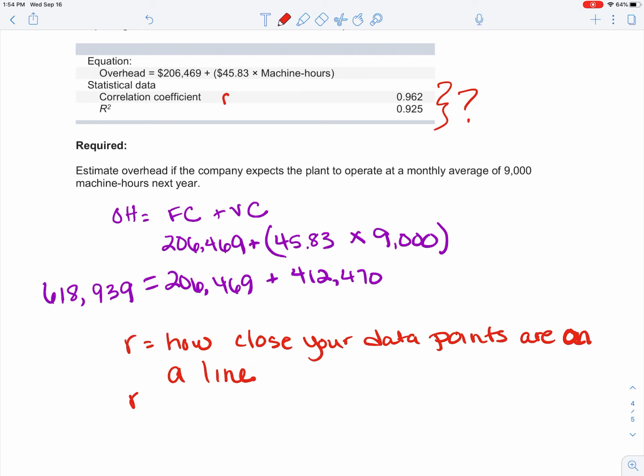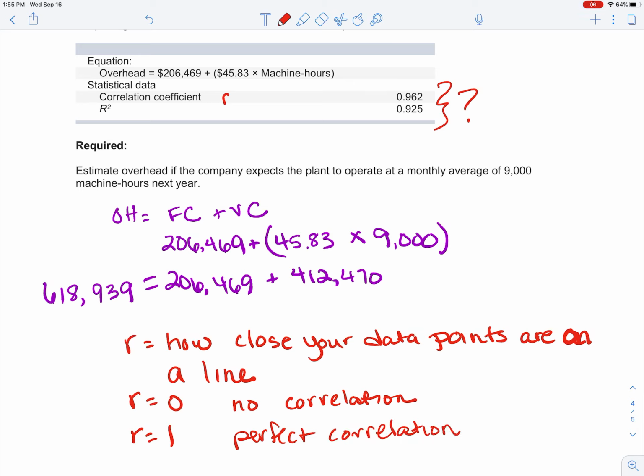That's really all it's looking at. If R is closer to 0, there's no correlation, meaning we can't find a relationship. If R is closer to 1, or if it is 1, it has a perfect correlation. So what you really want that R number to be is closest to 1.